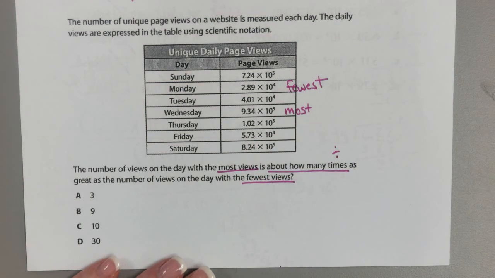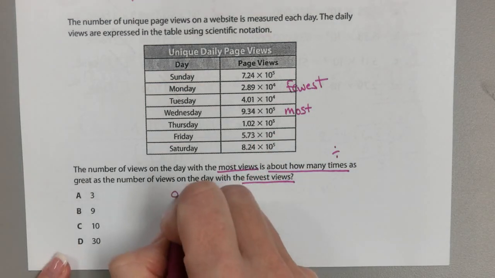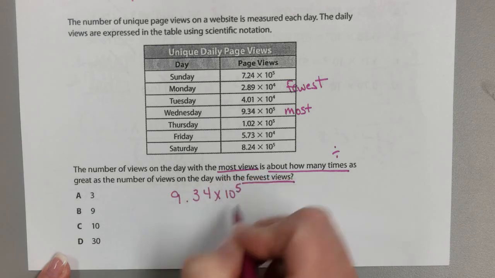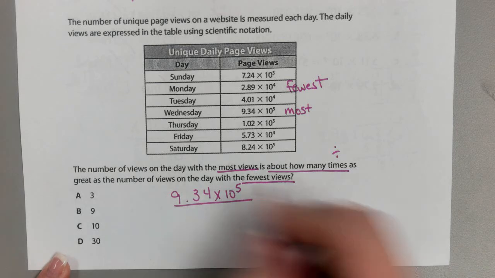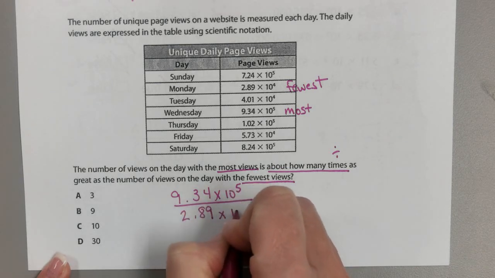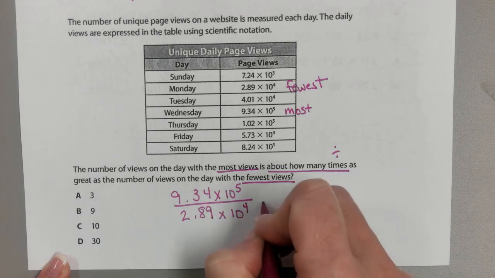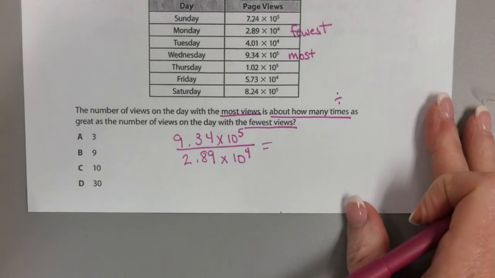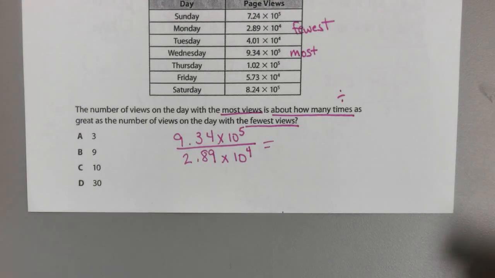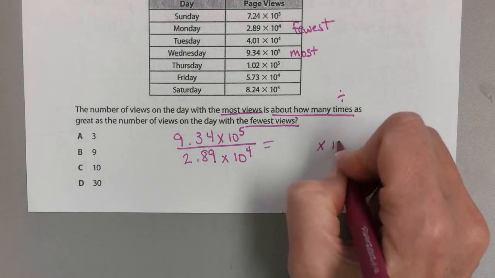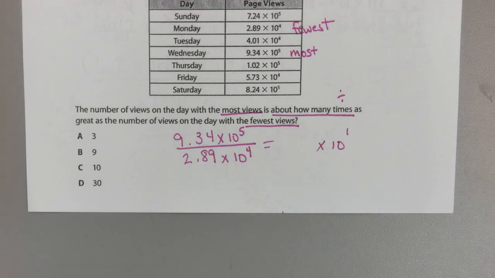So that's our fewest. So we're doing 9.34 times 10 to the 5th divided by 2.89 times 10 to the 4th. All right, what do we do with those exponents when we're dividing? Subtracting. So we got something times 10 to the 1st.